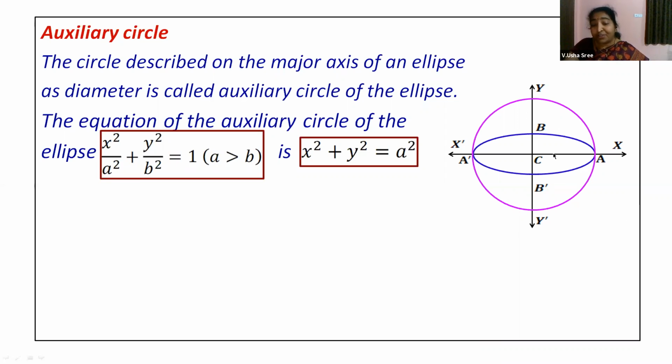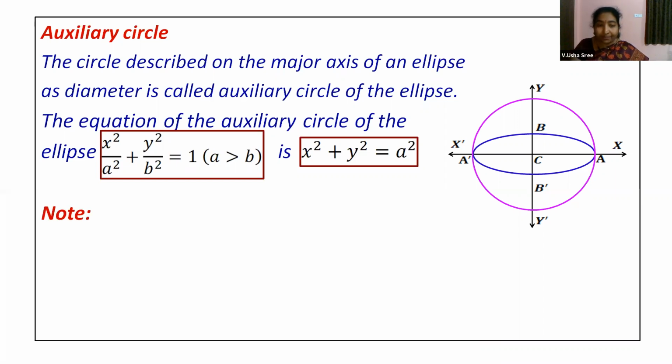If you join all such feet of the perpendiculars, you will get a circle. That circle will be concentric with this ellipse, and that circle is nothing but your auxiliary circle. This is the other definition of the auxiliary circle. Again, we will discuss that when we talk of the tangent, children.